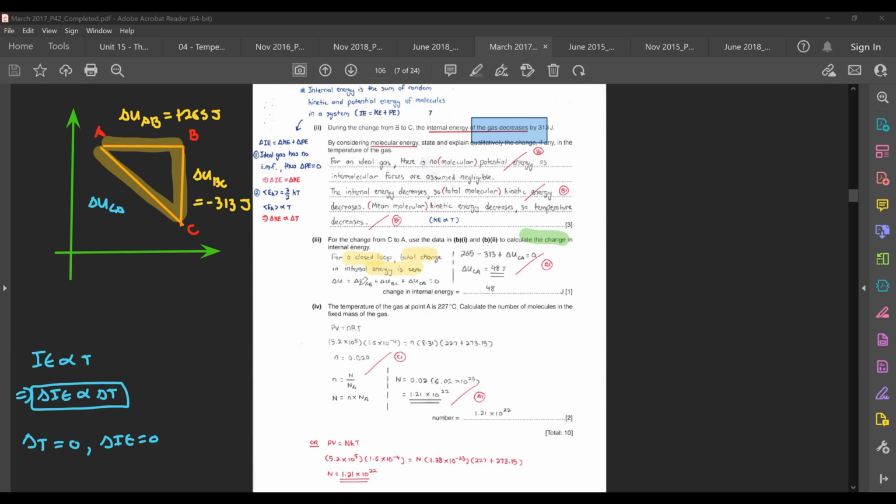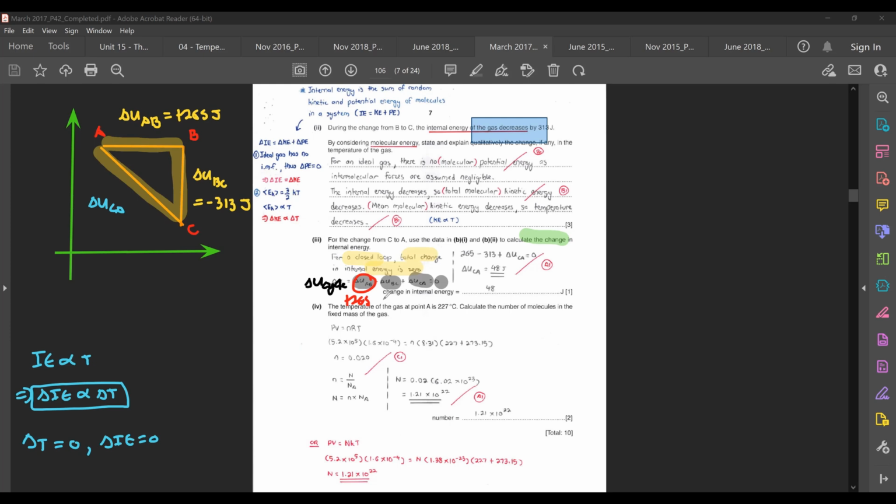So your internal energy change for your whole cycle, which consists of UAB plus UBC plus UCA, must equal 0. But you know the rest of the values here. UAB is plus 265.